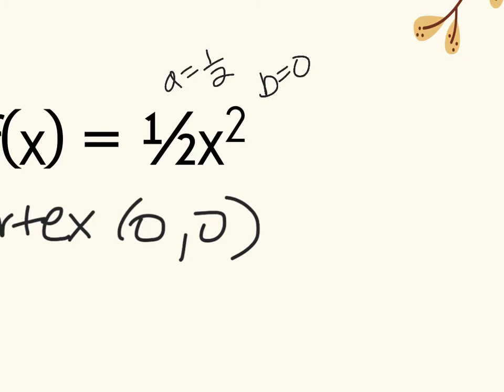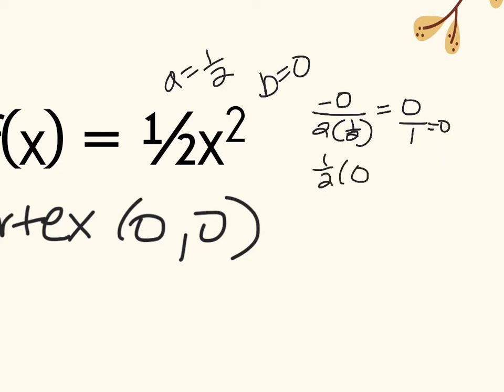So if I didn't understand the vertex shifts and I did negative b over 2 times 1/2, I still get 0 over 1, which is still 0. I plug that back in, 1/2 times 0 squared, and it's still 0. So right now my vertex is still at 0, 0, which was the same as the first one, right?